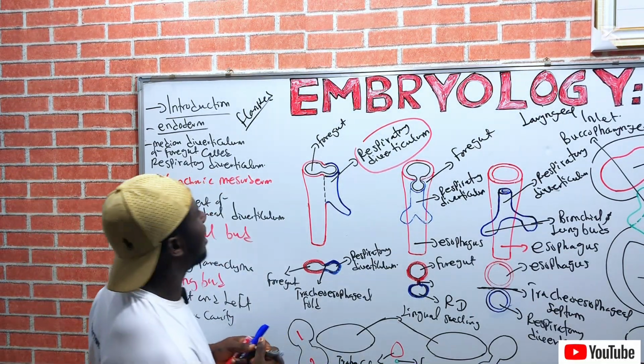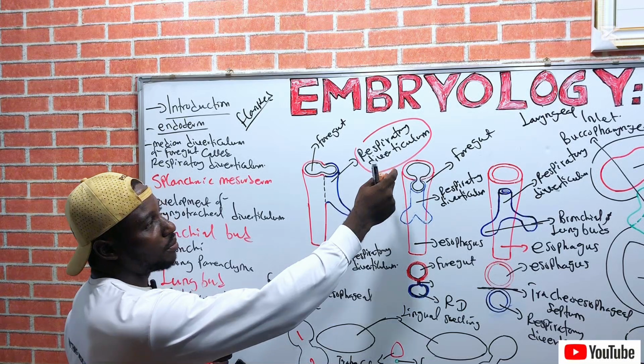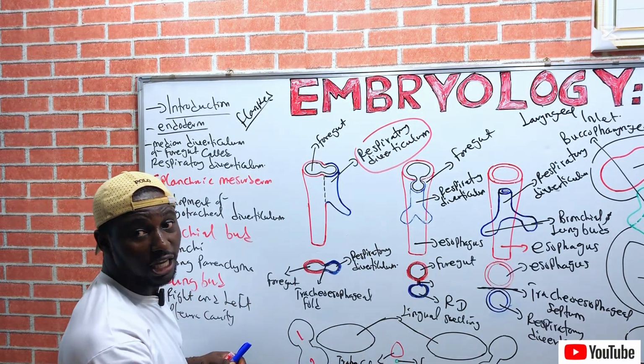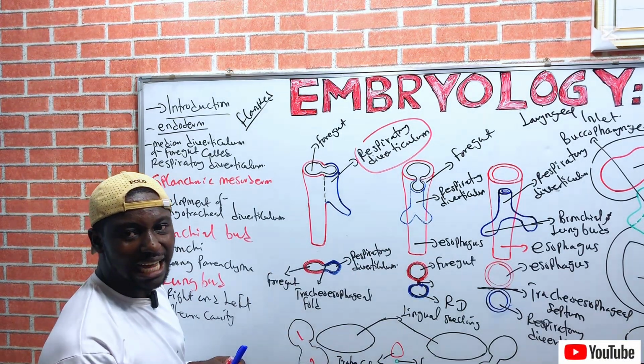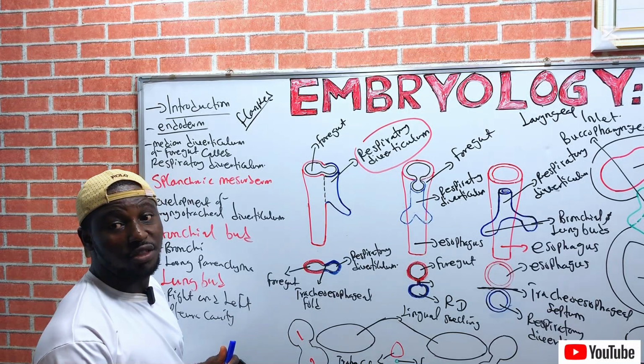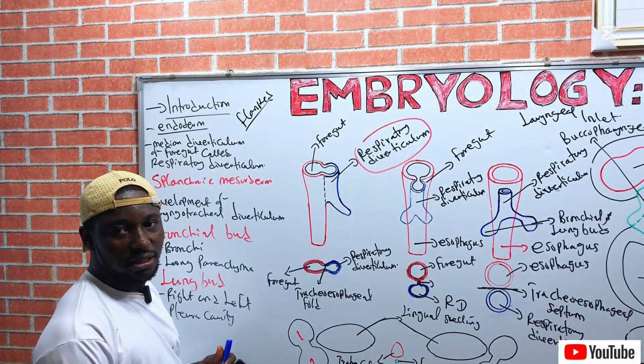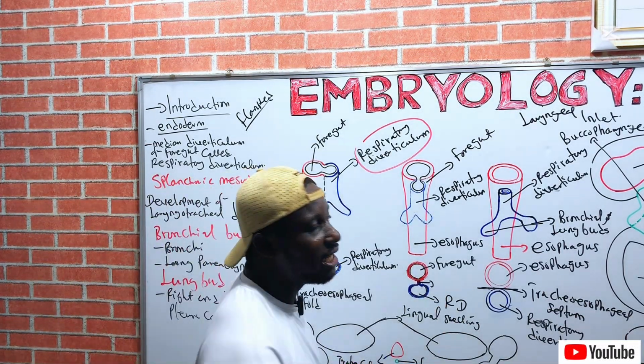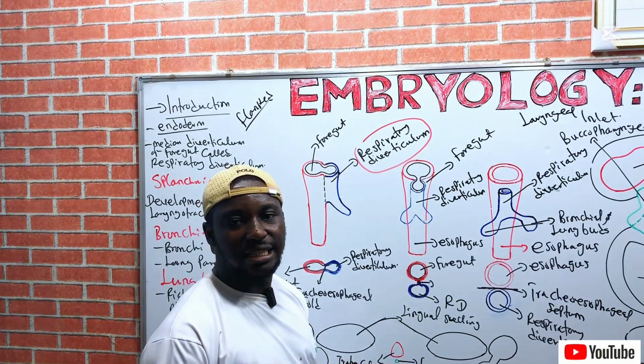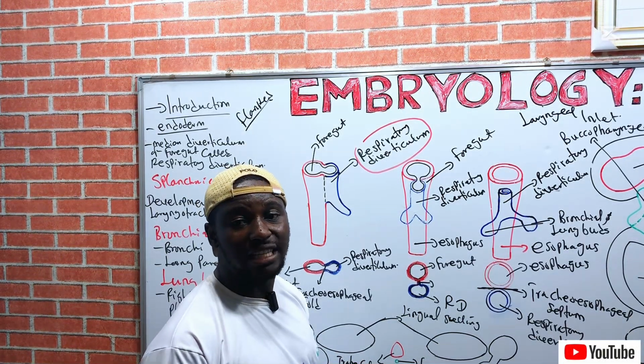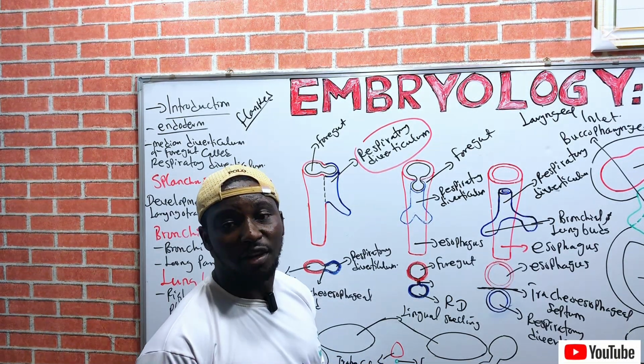You have to understand that the respiratory diverticulum developed from the median portion of the foregut, right? That is why it usually appears like an outgrowth on the ventral part of the cranial part of the foregut.